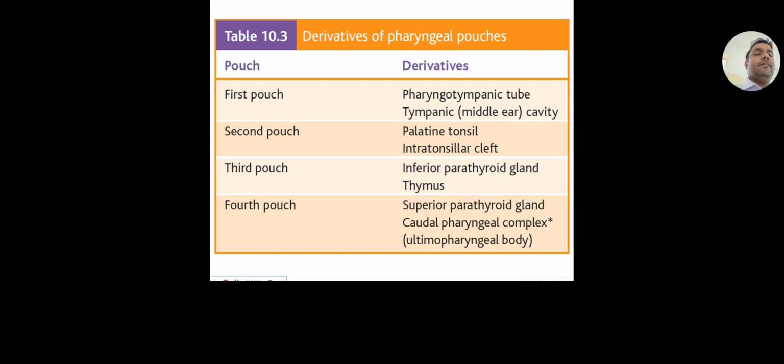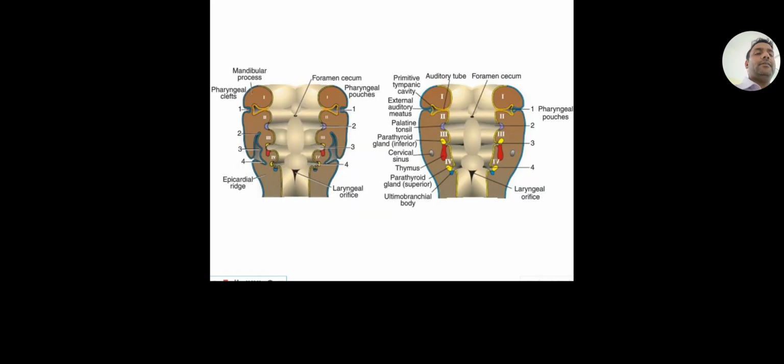Third pouch will form the inferior parathyroid gland along with thymus, which will descend along with the developing heart. Fourth pouch forms the superior parathyroid gland. You can notice in this diagram, these endodermal pouches contribute to different tubes, lymphoid organs and glands of the neck region. So we are talking about pouches here.